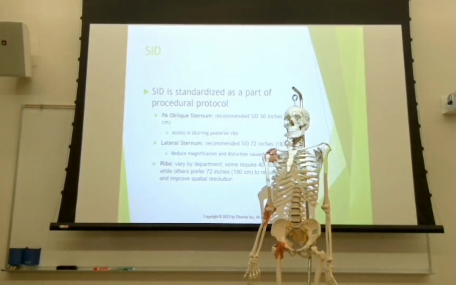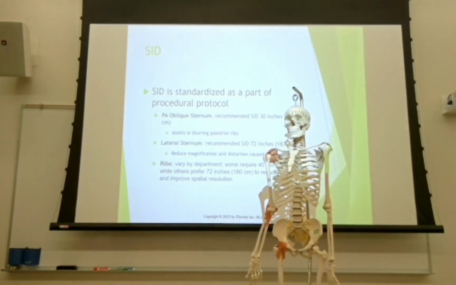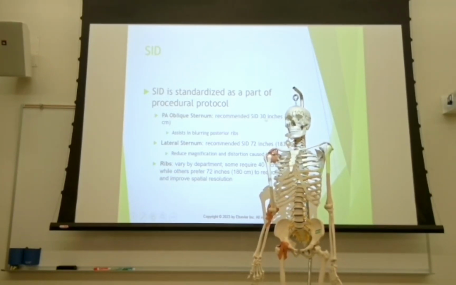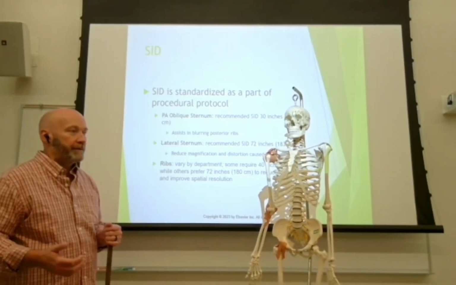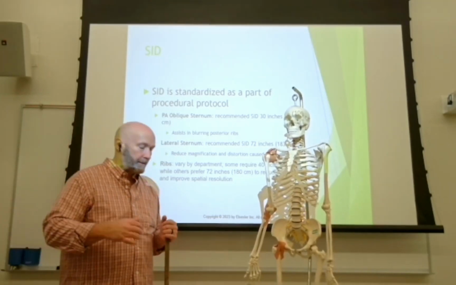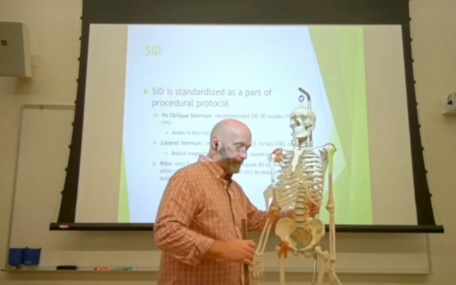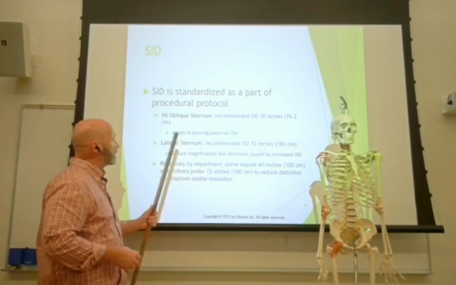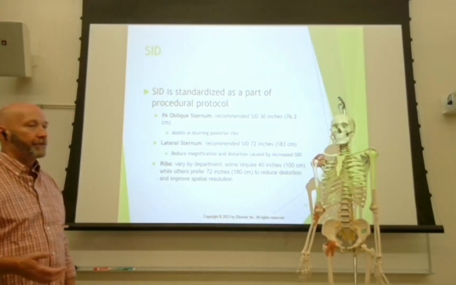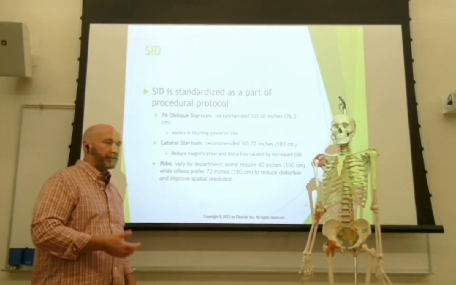So we talked about SID already. For ribs, for sternum though, we can do a couple of different things. All right, so the sternum: everything that we've talked about this semester as far as imaging and maintaining a sharp image, we're going to kind of throw out the window for sternum. So we're going to utilize a lower SID at 30 inches instead of 40 inches for sternum.